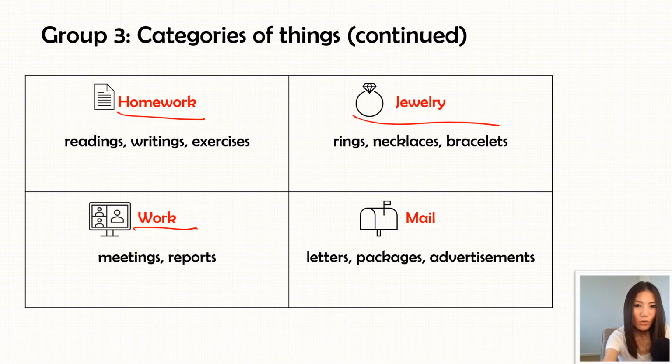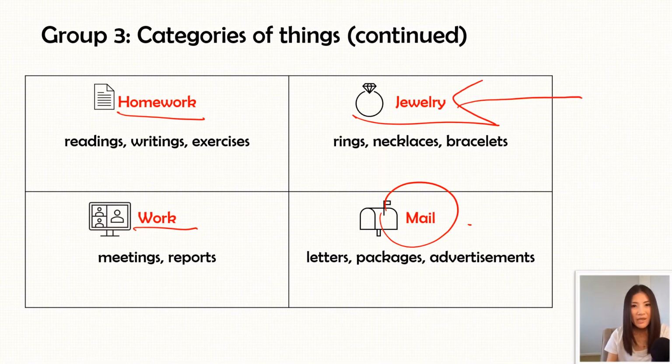We have the category of jewelry, and then we have rings, necklaces, bracelets under this category. And under mail, we have letters, packages, and advertisements. From this list, the most frequent mistake I hear is with the word jewelry. A lot of people say jewelries, but it should just be jewelry, singular.